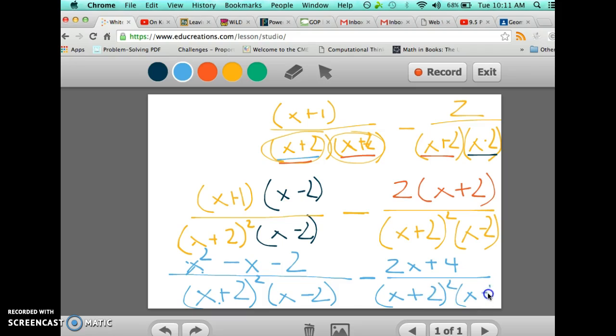And you don't need to write out the denominator a second time. You could have just made it one big fraction bar. But now when you do this subtraction, you need to make sure that you distribute the minus signs. You're minusing 2x and you're minusing 4.